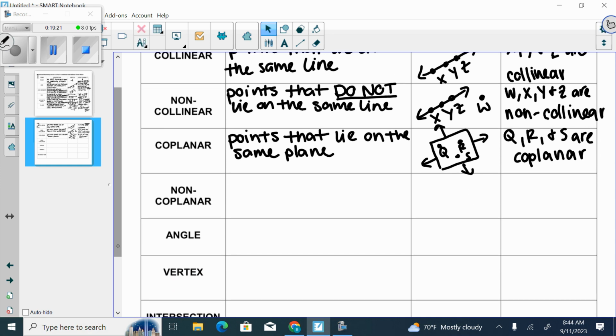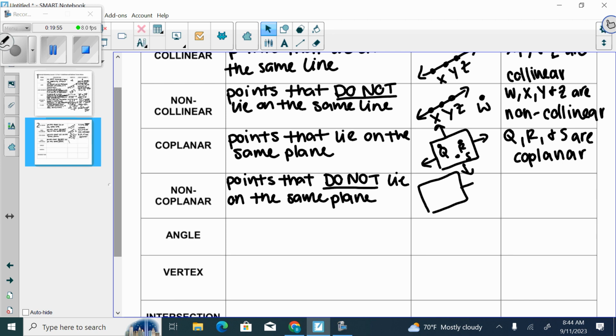So if coplanar means they're on the same plane, non-coplanar must mean they're not on the same plane, right? Again, maybe we have that same plane with our points Q, R, and S. Okay, so maybe this is that plane that has Q, R, and S. But then maybe there's this other plane over here, right?